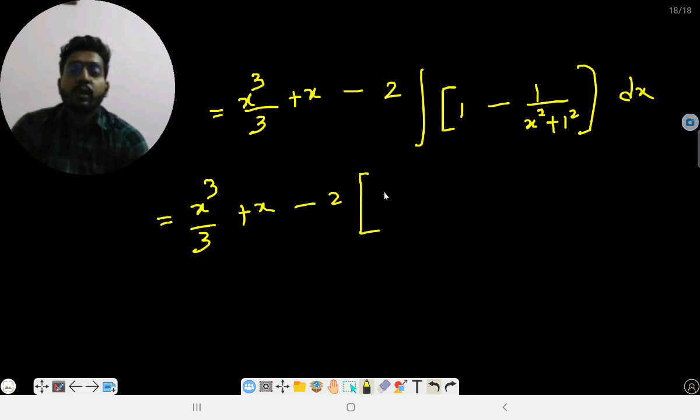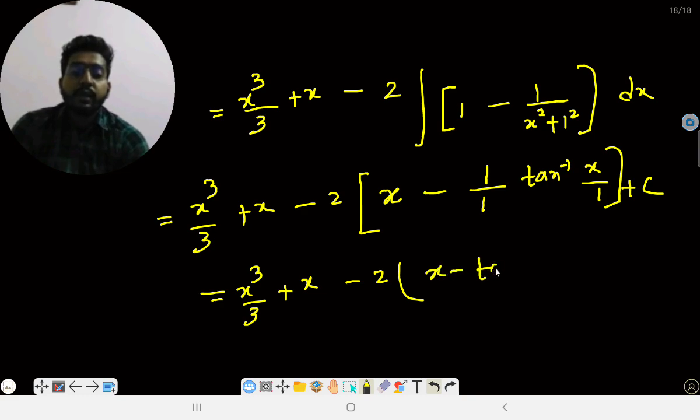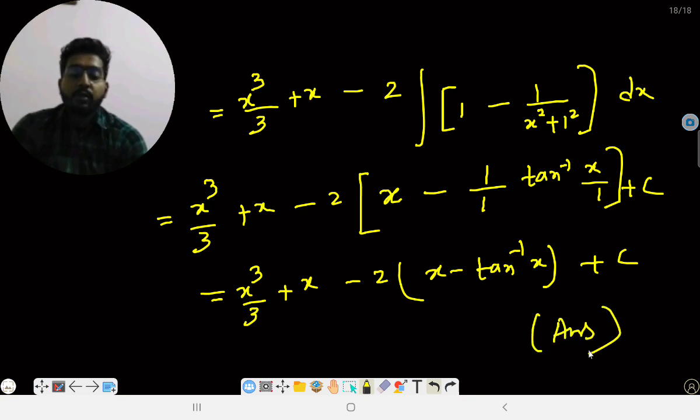Now integration of 1 is x. And for this one, x square plus a square, the formula is 1 by a tan inverse of x by a plus c. That means the answer will be x cube by 3 plus x minus 2 into x minus tan inverse of x plus c. So that will be the answer.